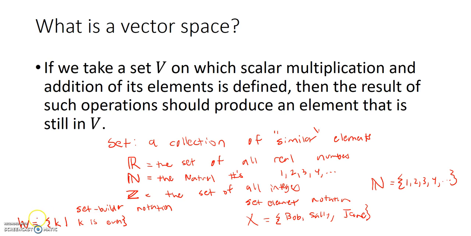Okay, so there are a lot of even numbers, and this little pipe right here means such that. Some people will use a colon in place of the vertical line, and again, this reads as W is the set of all K such that K is even.